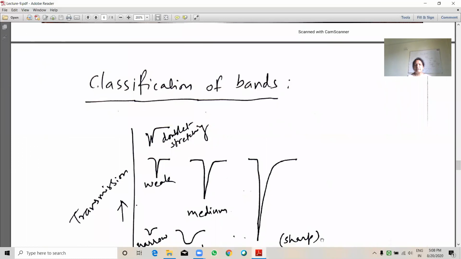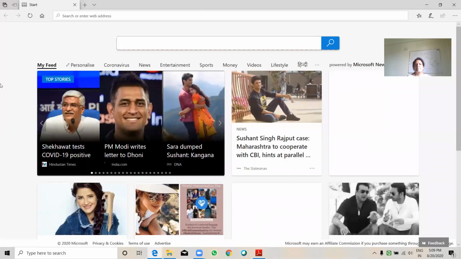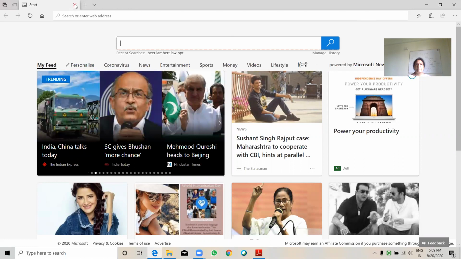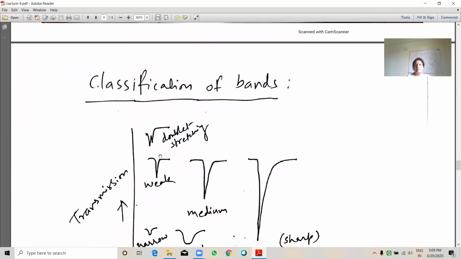Classification of bands. In certain cases, like primary amino, it will give you a doublet. It is a broad narrow band.